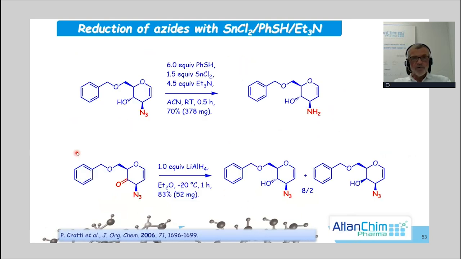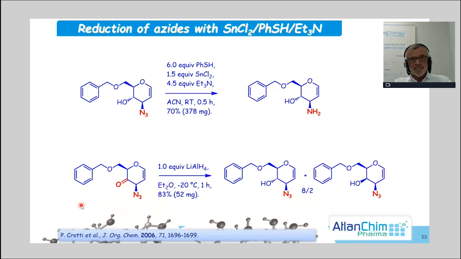This procedure was successfully applied to the reduction of this azido alcohol here to give the corresponding amino alcohol in 70% yield.